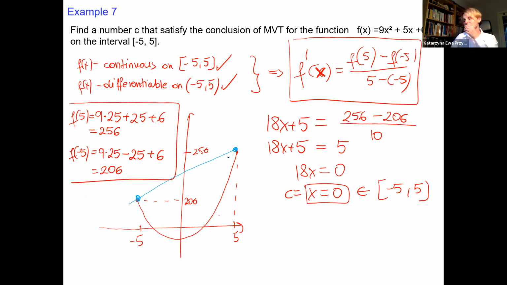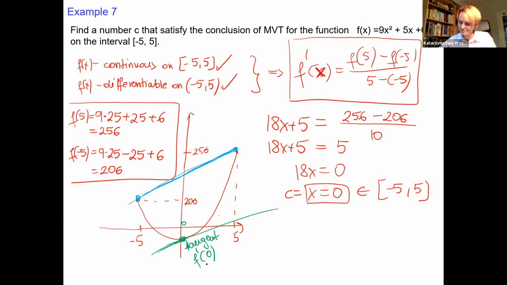Okay, I thought that is, no, it's 5. For some reason, I thought that this is supposed to be horizontal, but no. At 0, I don't know if my graph is good, but at 0, I'm supposed to draw a parallel line, because x equals 0 will give me that tangent line.